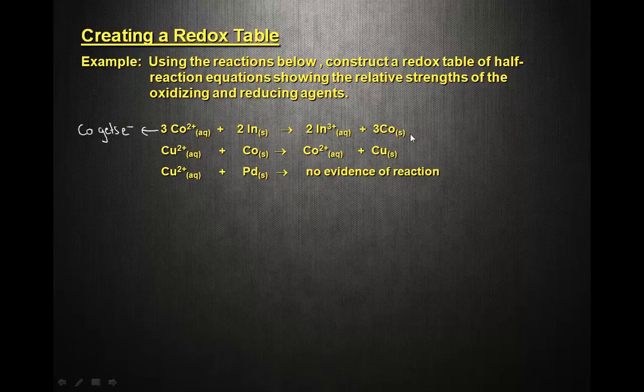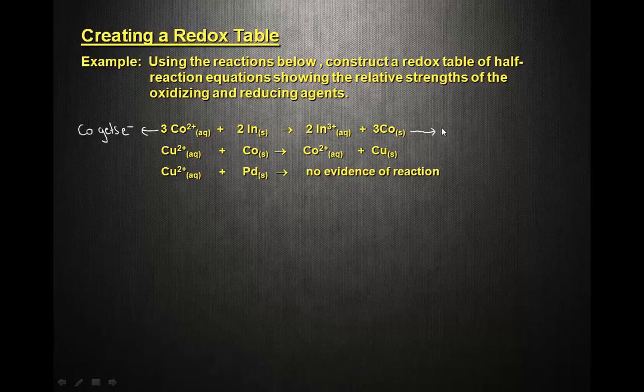Okay, that's great, but what does that have to do with our list? What that means is that Cu2+ must be higher on the list because it has gone to something lower on the list, In, and said, give me your electrons.